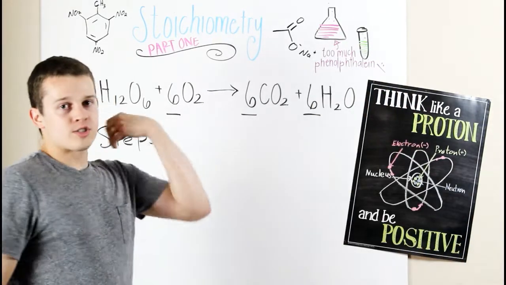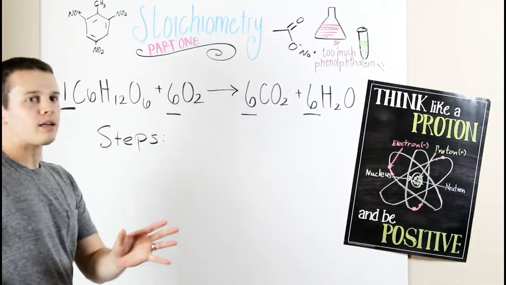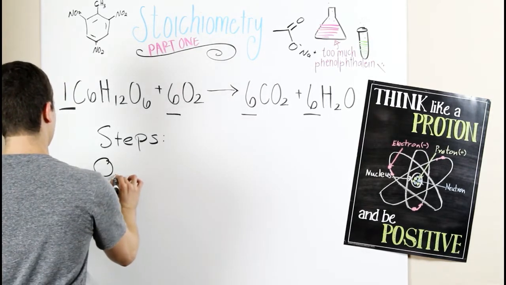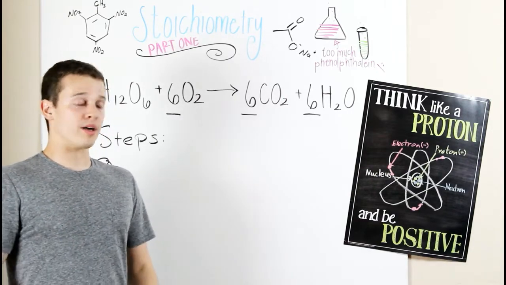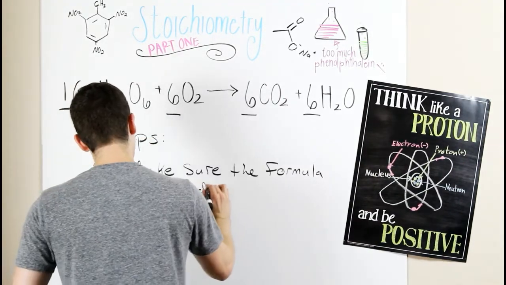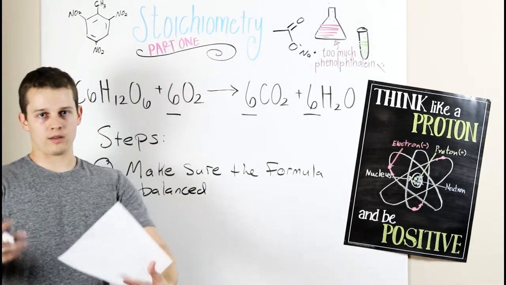Okay, so our steps that we're going to take. Now, I said 3, but we actually technically have 4. I'm just going to call it step 0. This is what you should do every single time you come up with or are given a chemical formula. Step 0: make sure the formula is balanced.